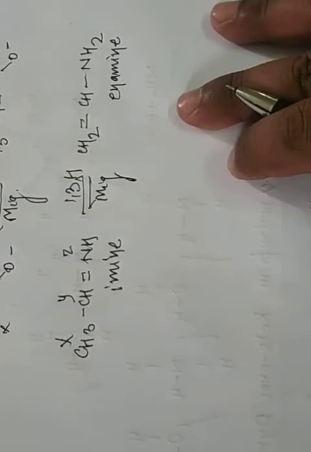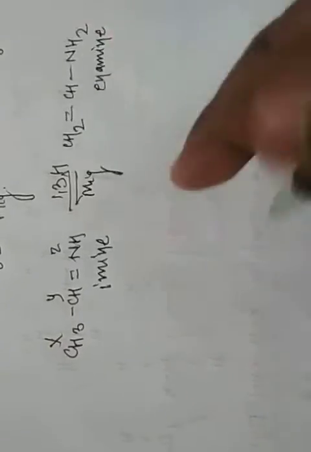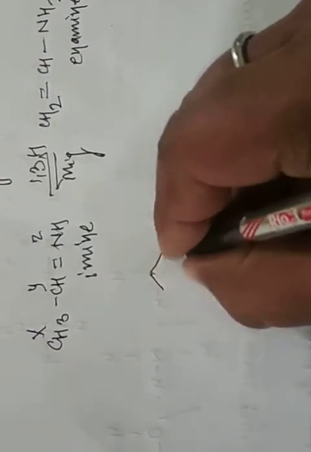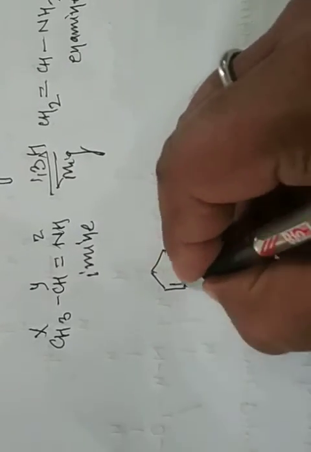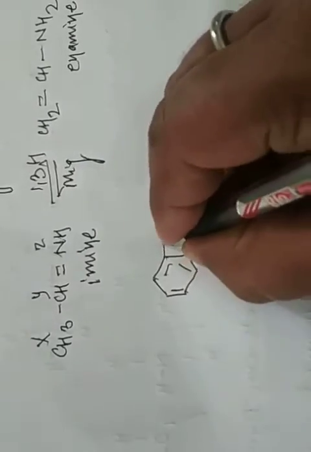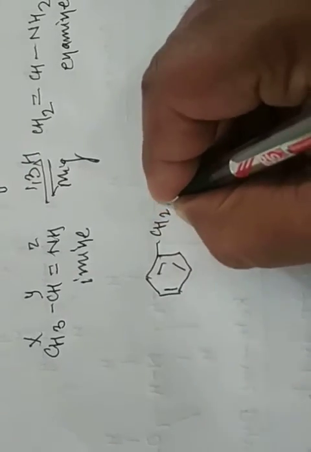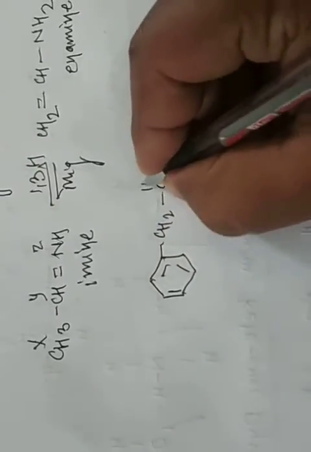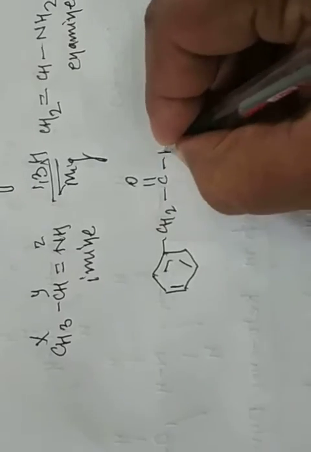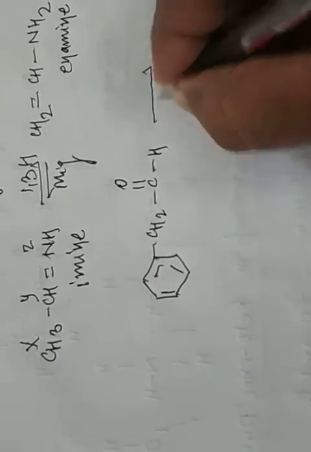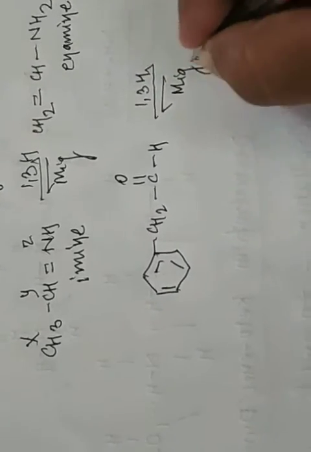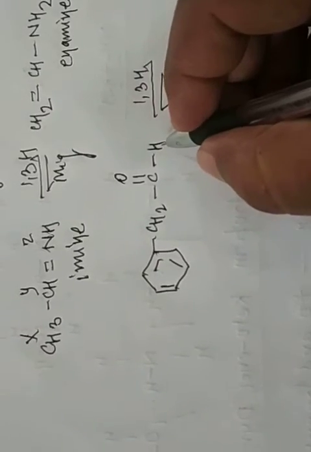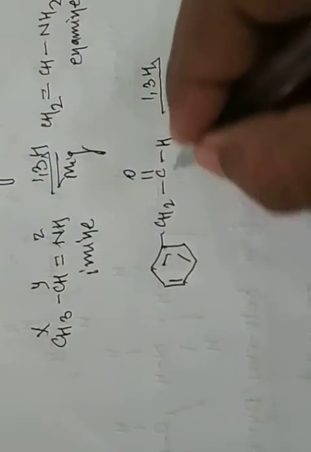Okay. Now again you check. Suppose you have this structure. There is CH2, C double bond O, there is H. Again 1,3 hydrogen migration is there. So now this is not X, because X can't be hydrogen.